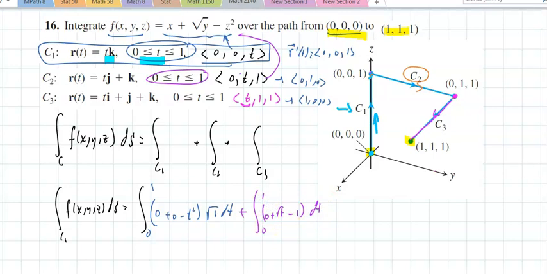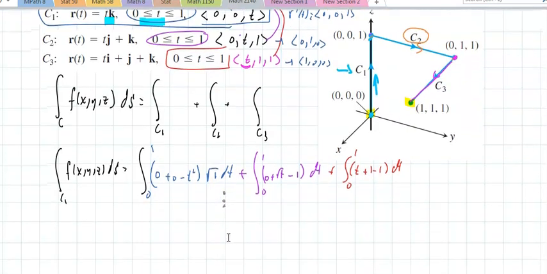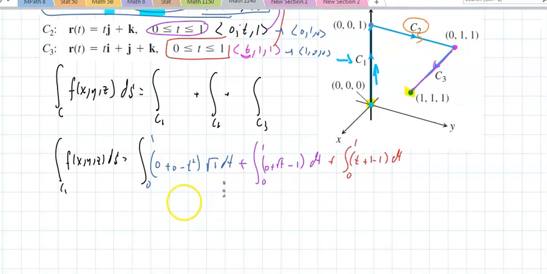And along the third, it's going to be the integral from 0 to 1 again. And if I substitute those in, I will get a t plus 1 minus 1 dt. And I'm assuming you can integrate that with ease. The hard part is setting this up, or in the beginning, figuring out what they're doing.